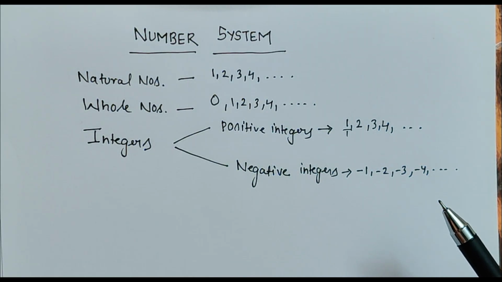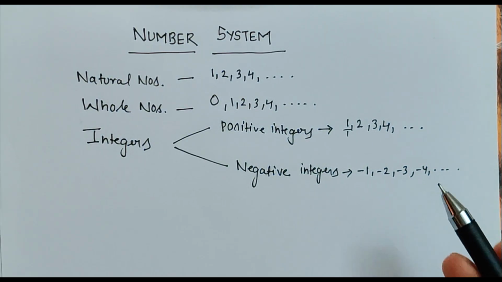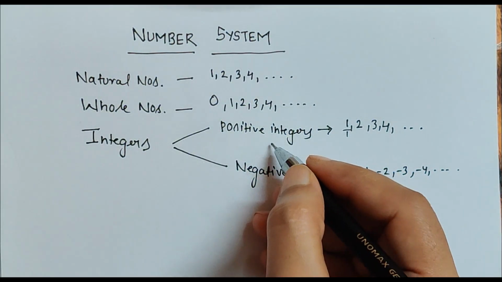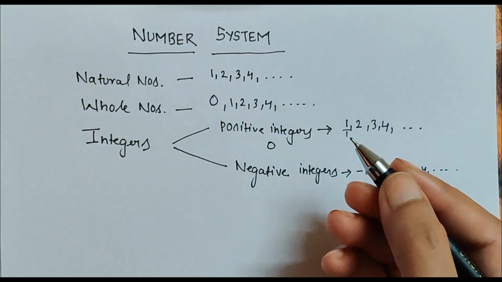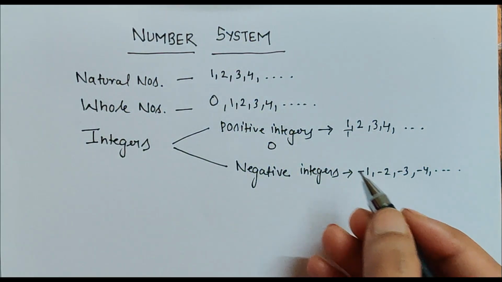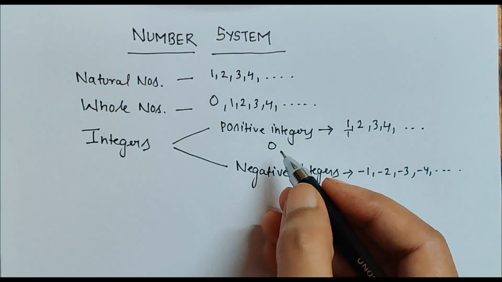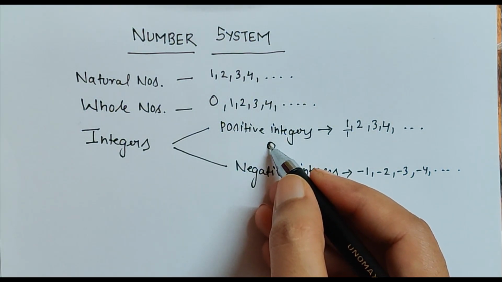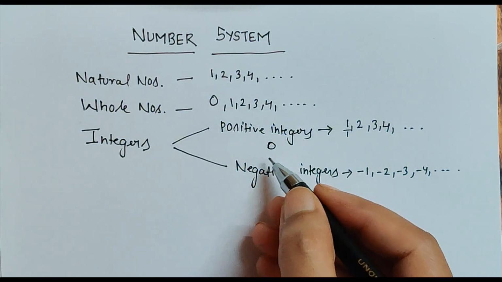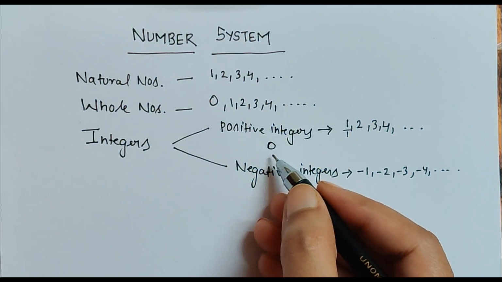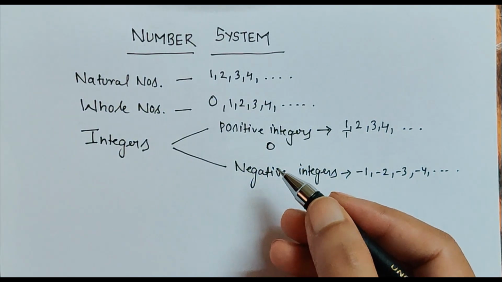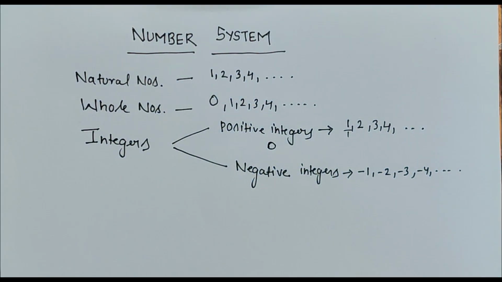It is not something positive, isn't it? Neither is it negative nor positive. So 0 is also included in integers. All positive integers and negative integers along with 0 is the set of integers. And here also, if you see, there is nothing in the denominator, that means upon 1, the denominator is 1. So 0 is also an integer.